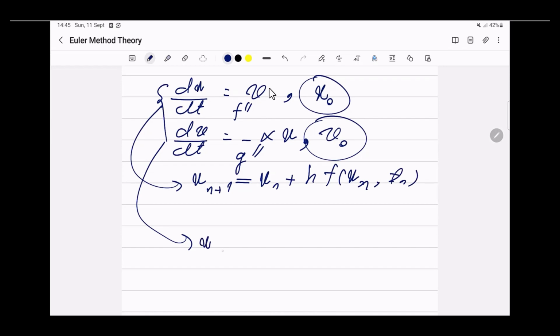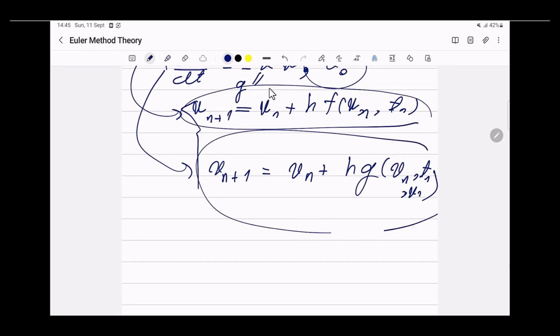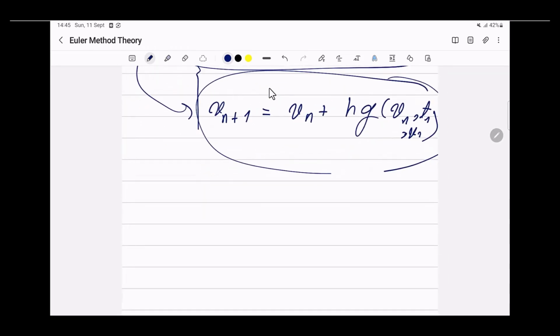And for v_{n+1}, you would have v_n plus h g(v_n, t_n, x_n). Oh, I'm sorry, this is supposed to be g, so yeah, this is it. So you basically have to iteratively use these equations, and then you would get your result.